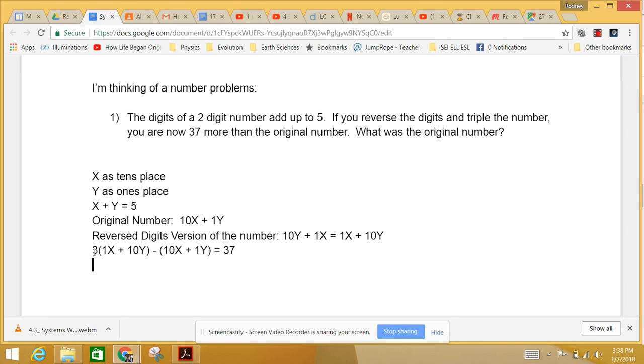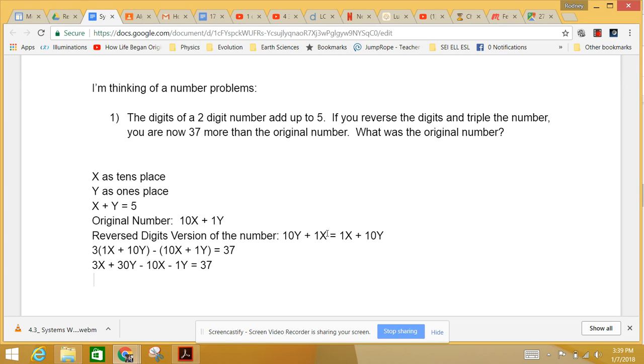So I have to distribute the 3. So I'm going to end up with 3x plus 30y. And then the other part, I'm going to go ahead and drop the parentheses, minus 10x minus 1y equals 37.